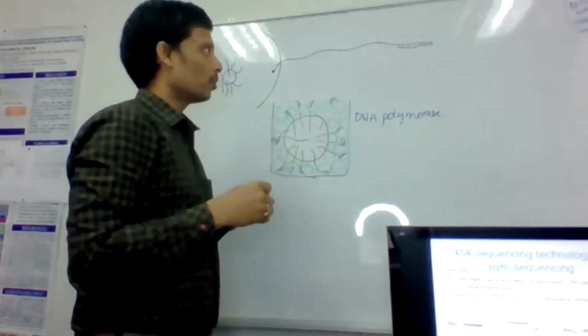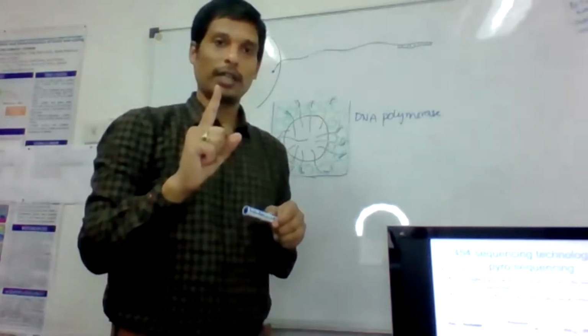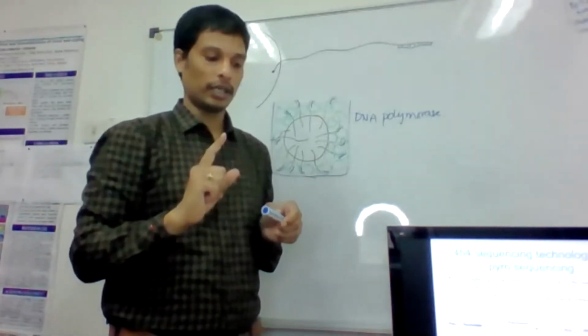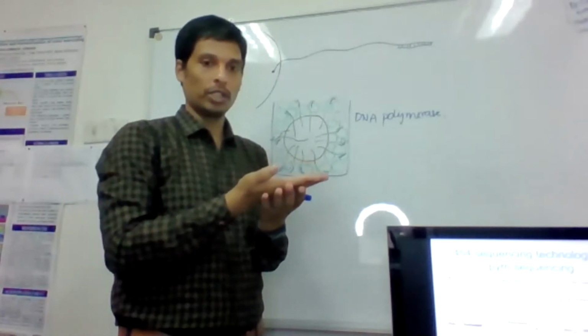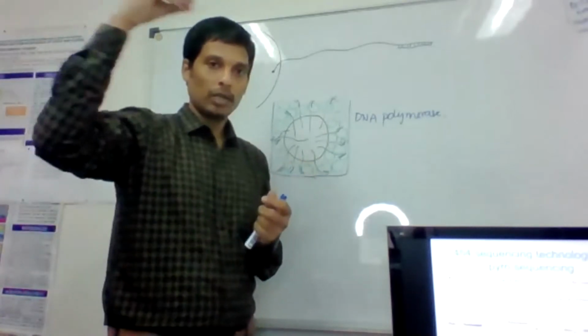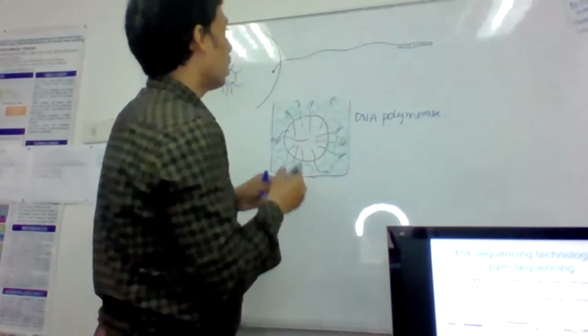After that, you are going to add one nucleotide at a time. So you insert this chip into the machine, and you pump dNTPs one at a time. So let's say you added.